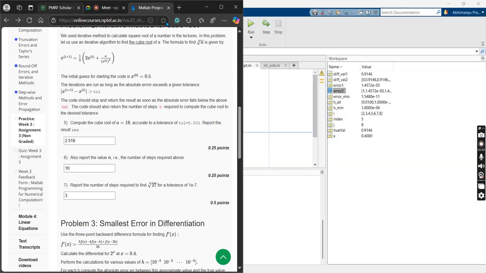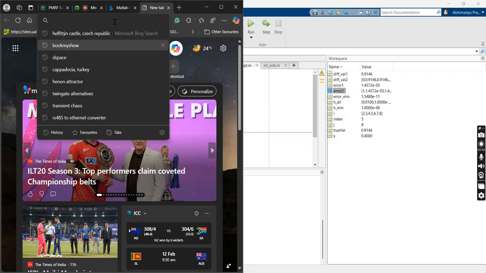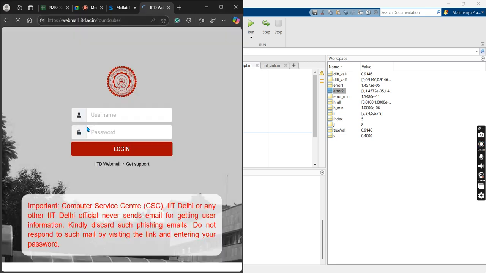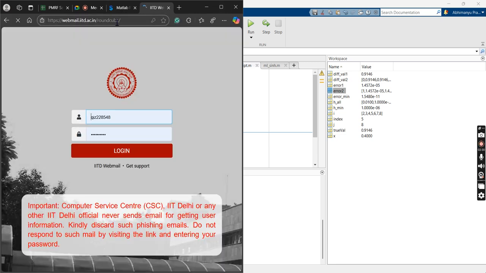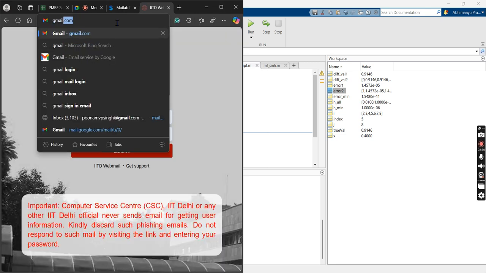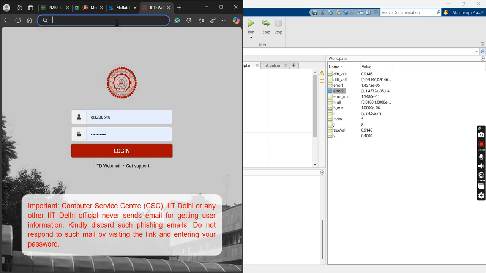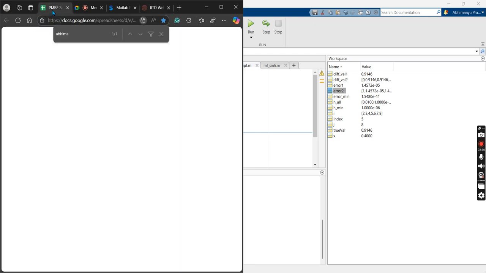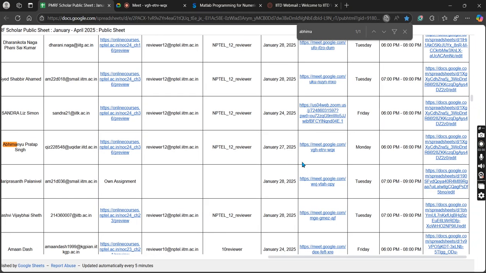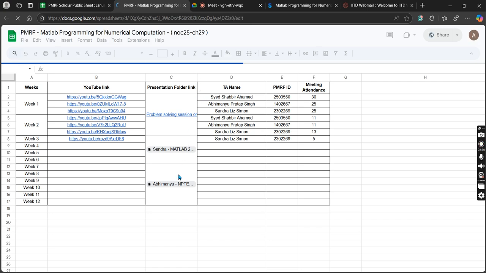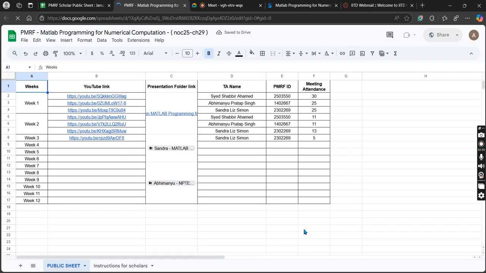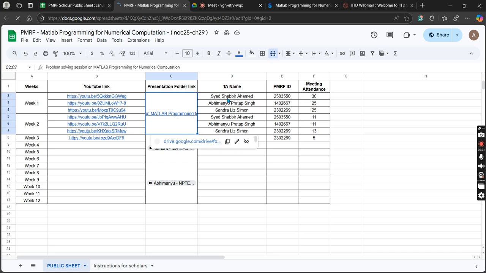Okay, let me just share that PPT with you guys. Just share that link with you guys. So this is the sheet now. All of you guys are able to see this sheet, right? Yes. So in this, the first one is from Shayyad Sabir, I think.